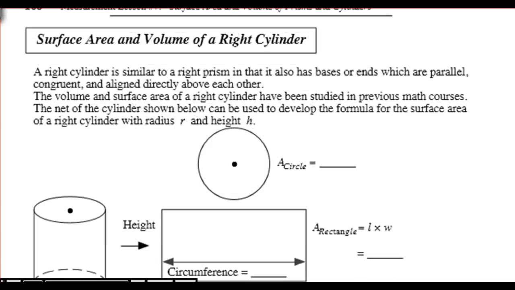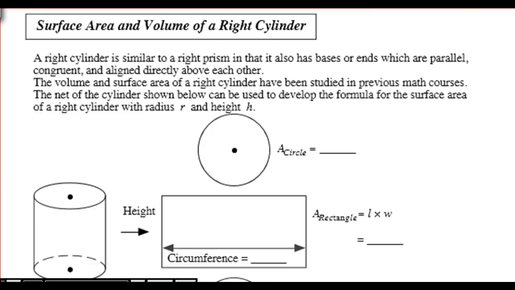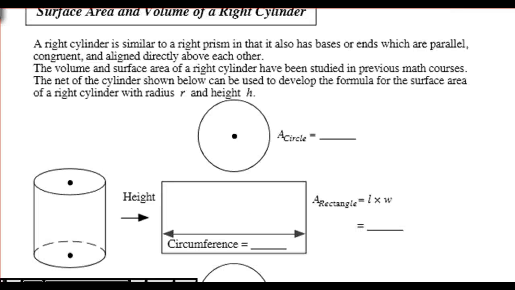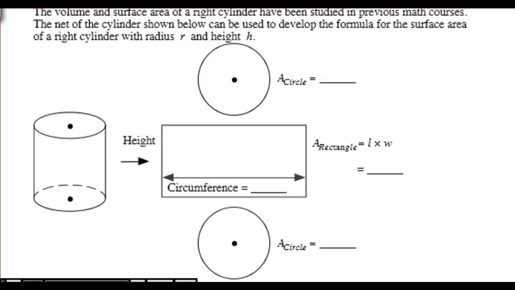Okay, moving on to cylinders. A right cylinder has a circle as its base, has a certain height, and the general rules are still the same. For the volume, it would be the area of the base times the height, and for the surface area, it would just be adding up all the different shapes.